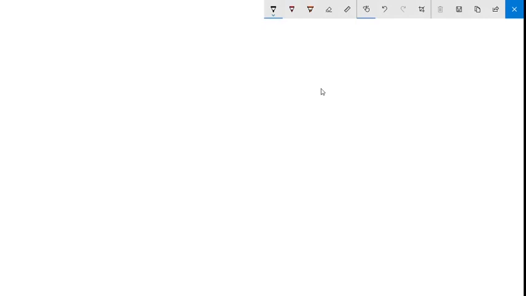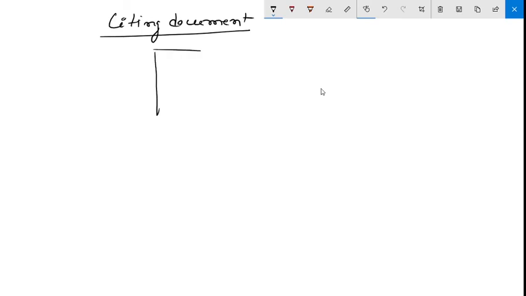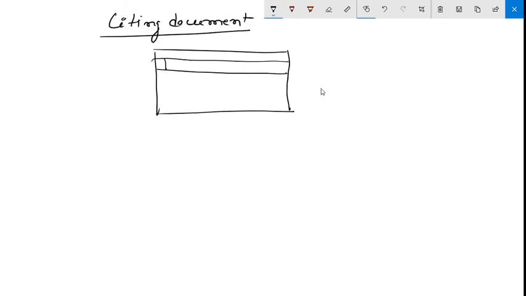So let's say the citing document, let's say here one portion of the text is available, this portion, and here also, fully text, but this is one portion of the document and this is another portion of the document.